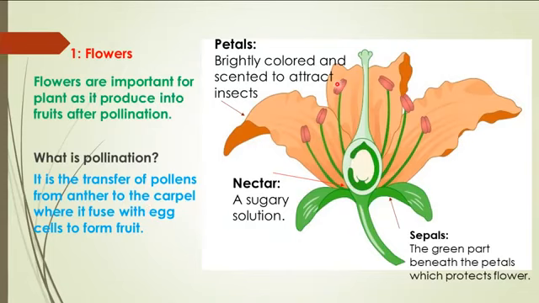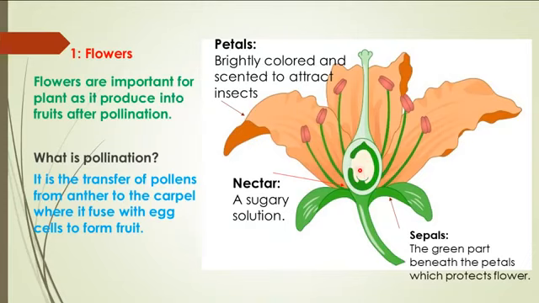This little piece has pollen grains. When the flower is moved by the action of wind or insects, all these pollen grains are released into the air and they sit on the stigma. When they fall on this stigma, they go inside and fuse with egg cells.